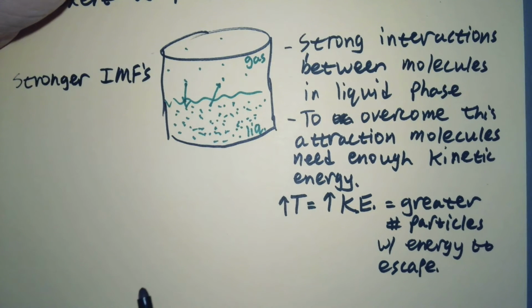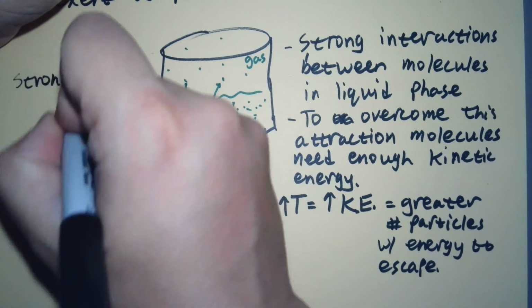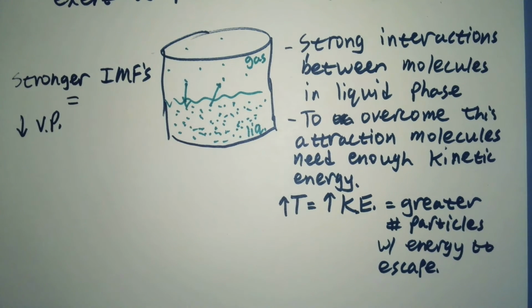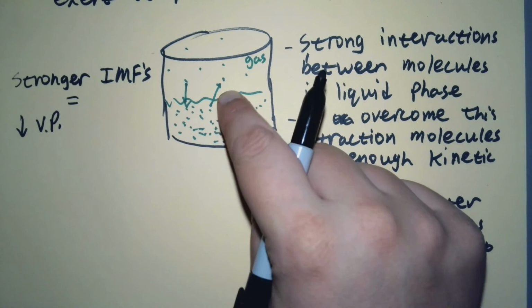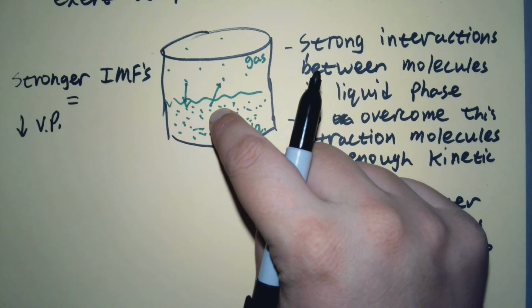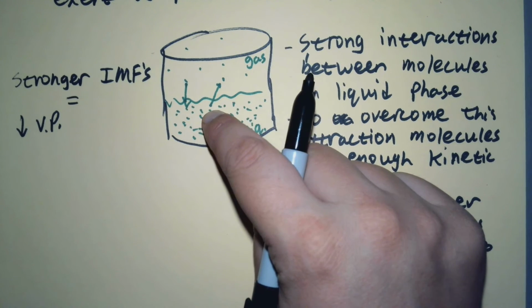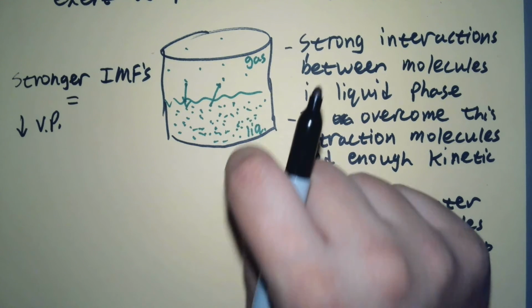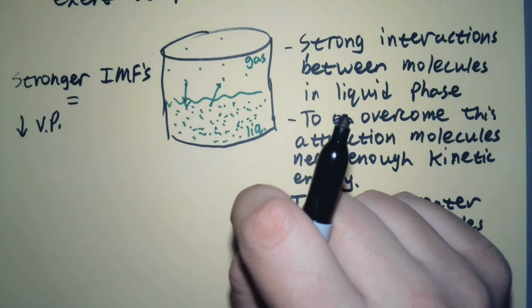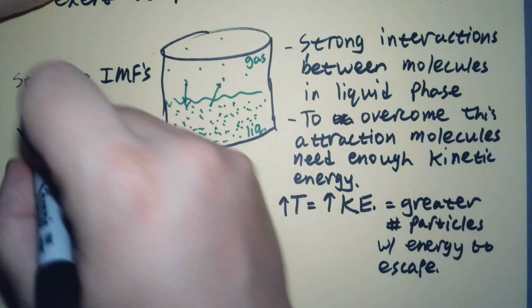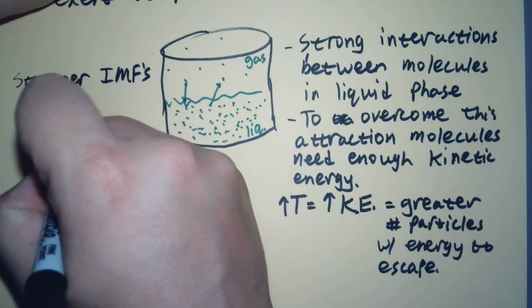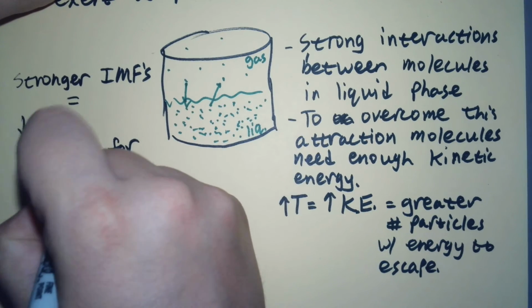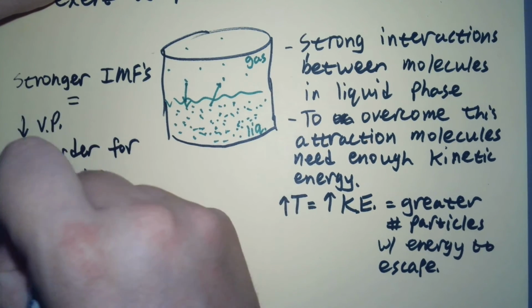So stronger intermolecular forces are going to equal a lower vapor pressure, because molecules are being held back more strongly. The stronger the attraction is down here, the harder it is for a molecule to make it up here. So it's harder for molecules to break free.